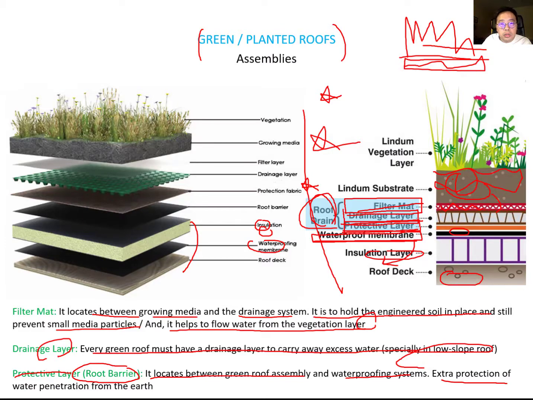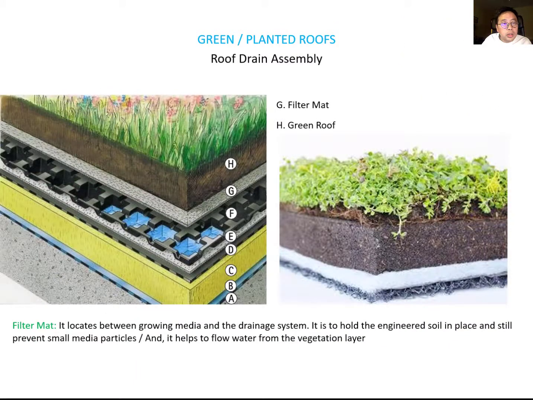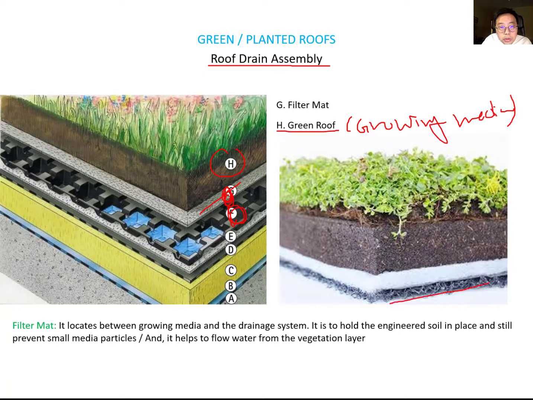So let's look at this example here. You can see the roof drain assemblage. Here is the green roof, which is the growing media. Now we talk about the filter mat here. This is the filter mat, and it looks like this.